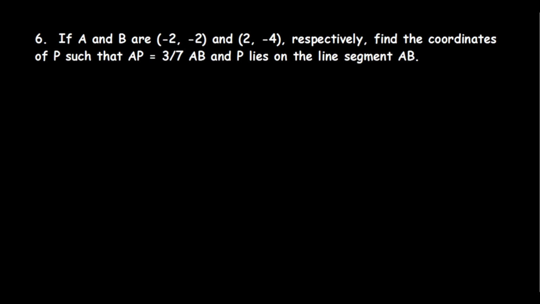Here is another question on my screen. If A and B are (-2, -2) and (2, -4) respectively, find the coordinates of P such that AP is equal to 3 by 7 times AB. P lies on the line segment AB.